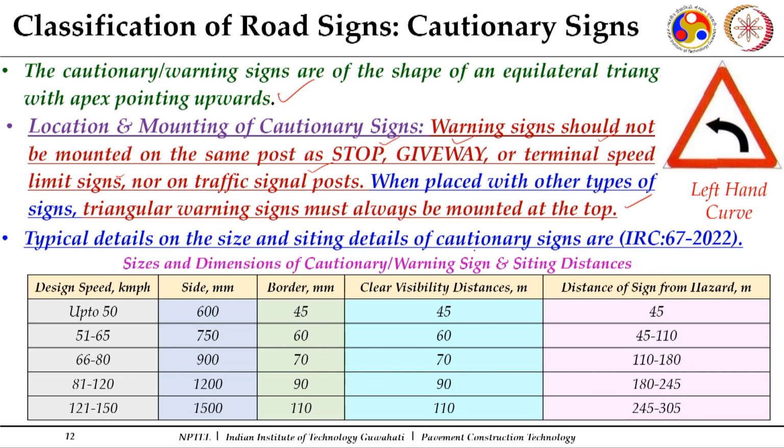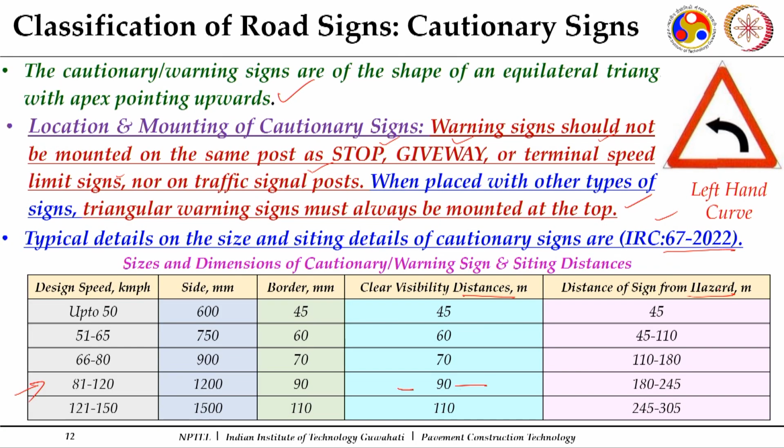Typical details of the size and siting of cautionary signs are given as per IRC 67. If the design speed is 81 to 120, then the clear visibility distance should be at least 90 meters. In the case of regulatory signs it was higher; for cautionary and warning signs it is 90. The sign should be placed well ahead of the hazard.